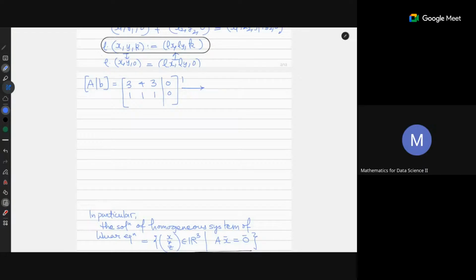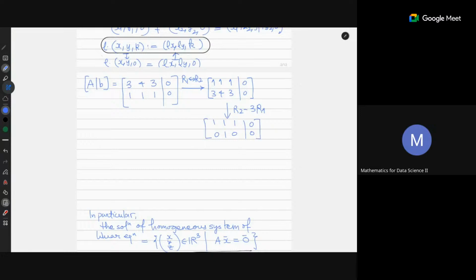Let me interchange R1 and R2, so I get 1, 1, 1 on top and 3, 4, 3 on the bottom. Now I will subtract 3 R1 from R2, and I get 0, 1, 0, 0.